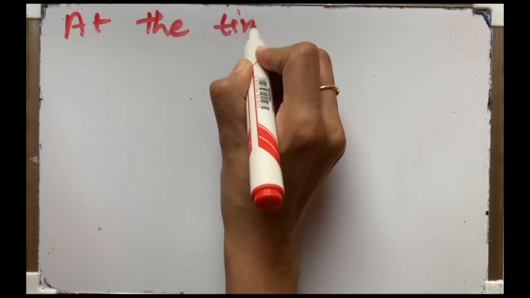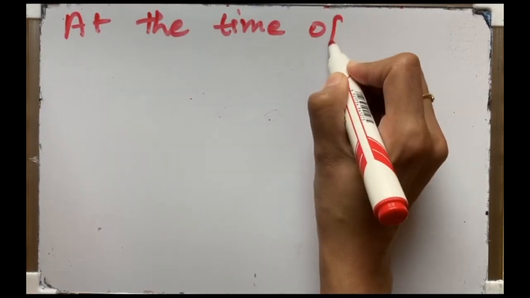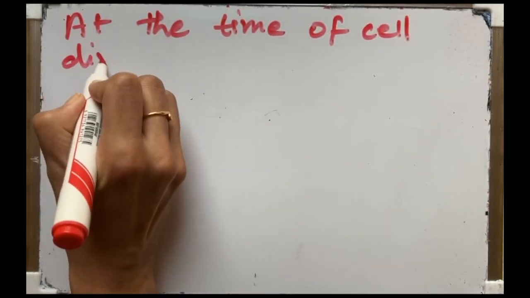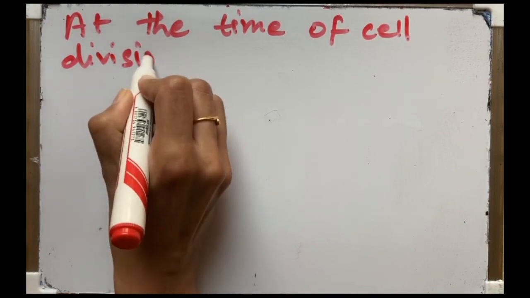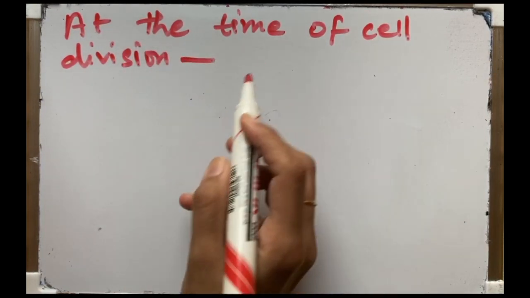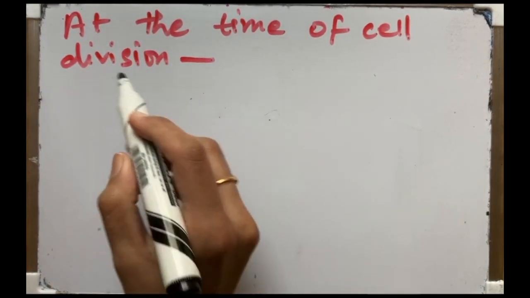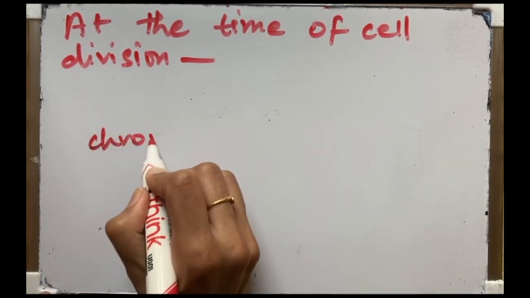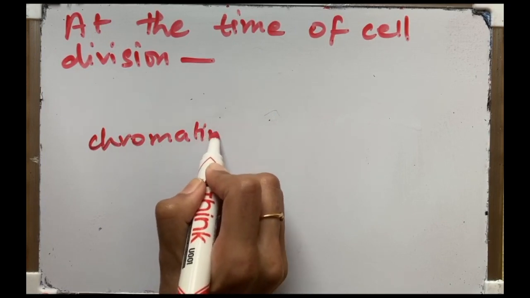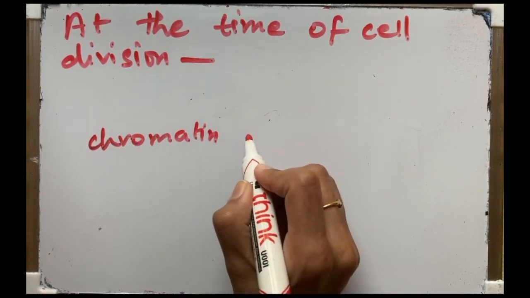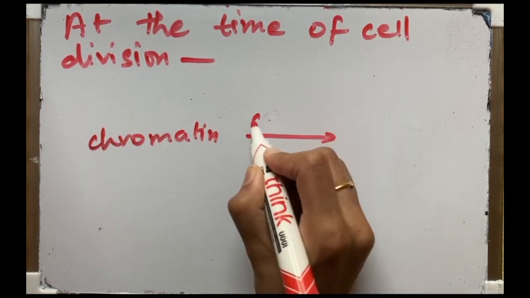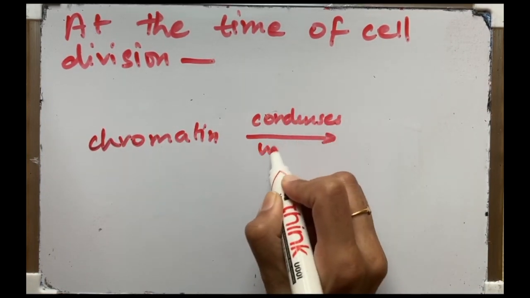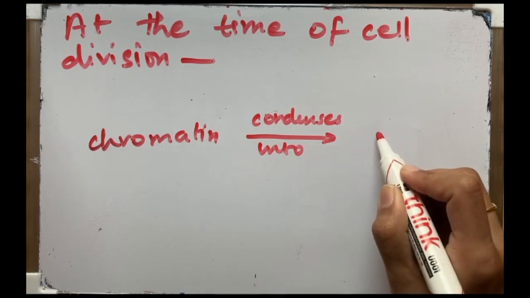Now, at the time of cell division, these chromatin condenses into, that means it becomes even more closer and more coiled and more tight.